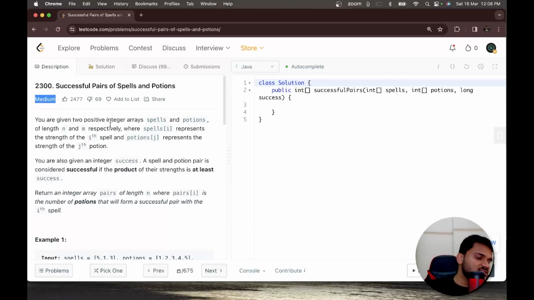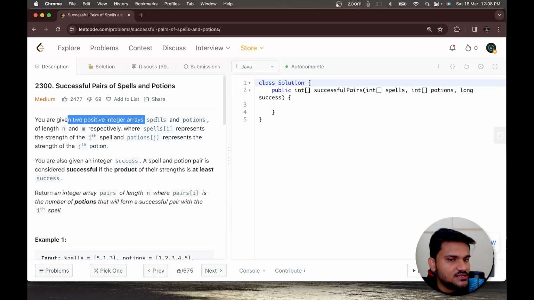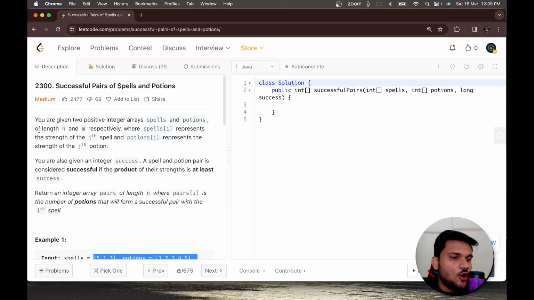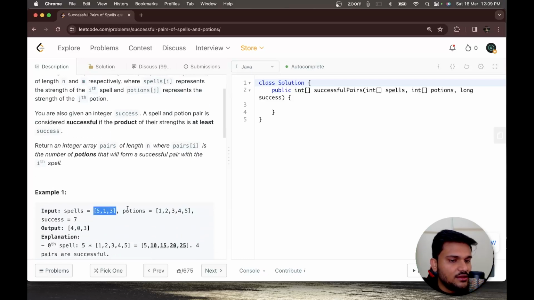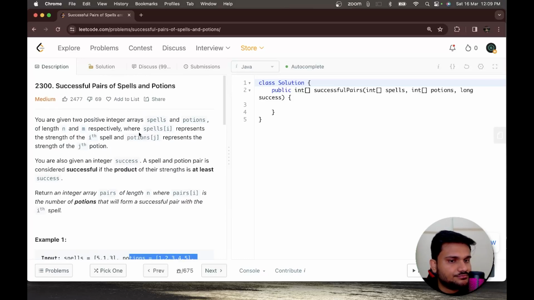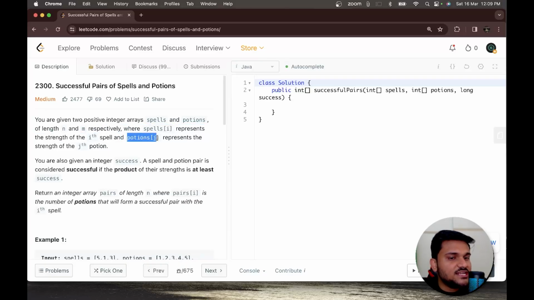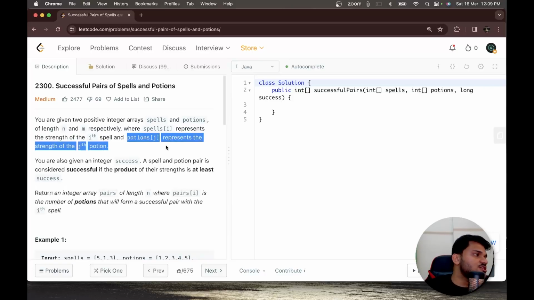What the question says is that you are given two positive integer arrays, spells and potions, of length n and m respectively, where spells at I represents the strength of the ith spell and potions at j represents the strength of the jth potion.